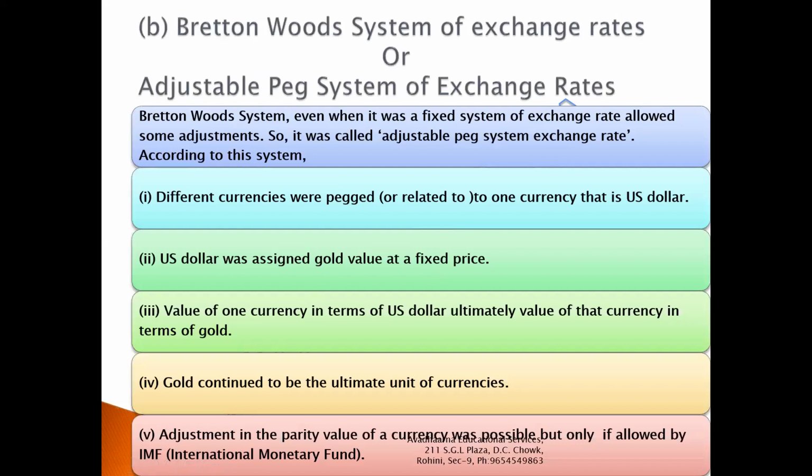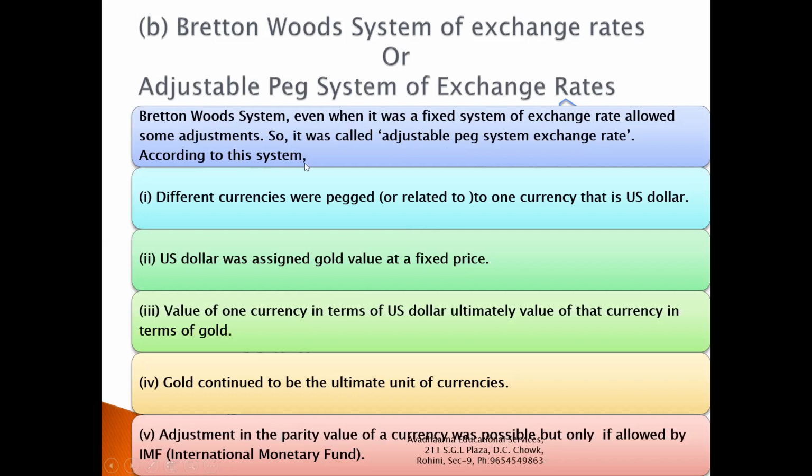The second method of exchange rate is Bretton Woods system of exchange rate or adjustable peg system of exchange rate. Bretton Woods system, even when it was a fixed system of exchange rate, allowed some adjustment. So it is also called adjustable peg system of exchange rate.